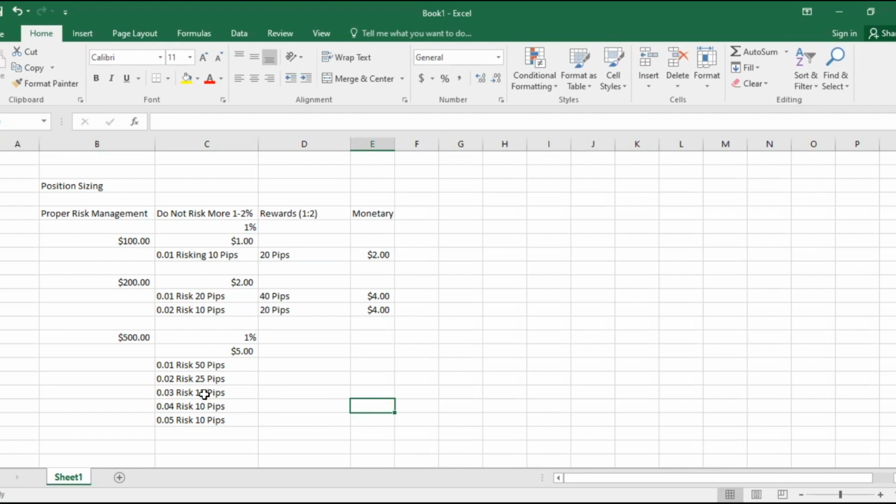Now if you're risking 50 pips and using a risk to reward ratio of 1:2, then you'll be shooting for 100 pips. Here you'll be shooting for 50 pips, so it's double of what you're risking. You'll be shooting for 30 pips here, and here you'll be shooting for 20 pips, and also 20 pips.